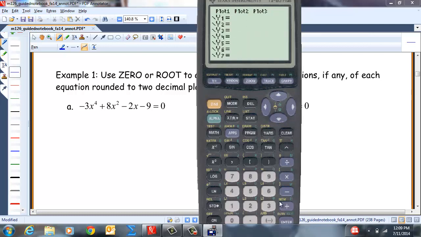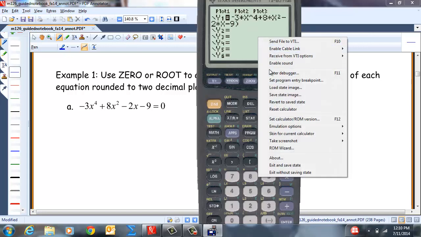So we have negative 3 times x, and this means it's going to be raised to the 4th power, and just that x is raised to the 4th, plus 8 times x squared, and in the square key, you've got that available there, and then minus 2 times x minus 9. So if you graph this, so this is what we entered in.